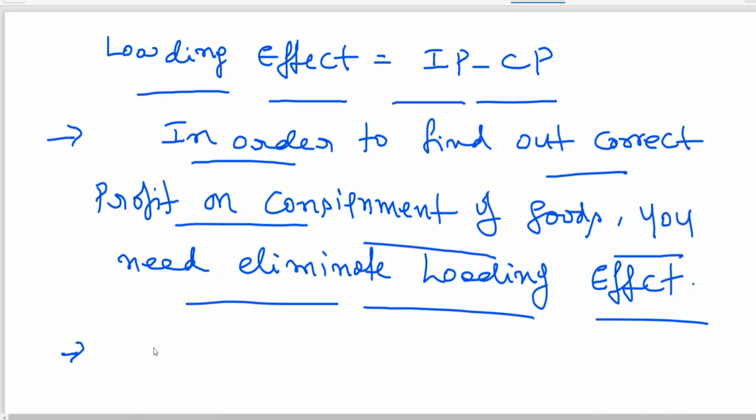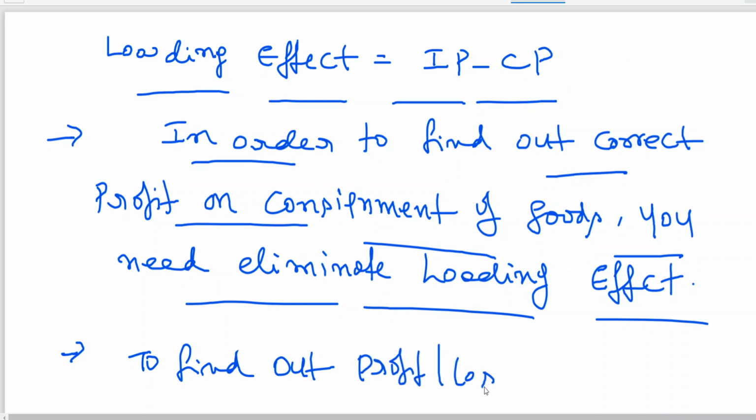Point number 2 is to find out profit or loss on consignment.